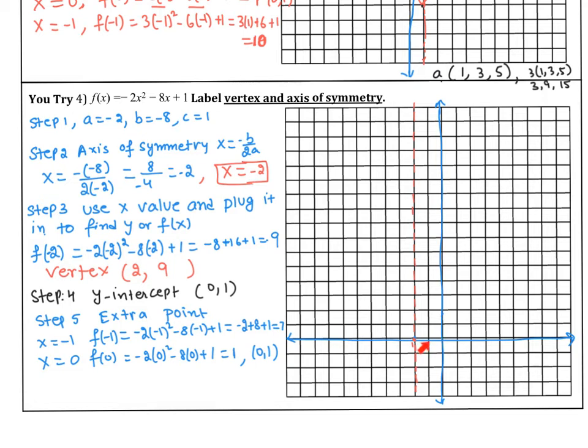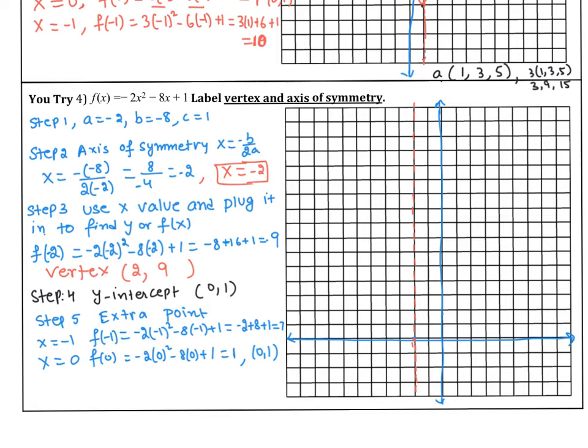I can certainly choose -3 and -4 on this side as well, but I'm choosing -1 and 0 because they're small points and it's going to be easy when I calculate for y.